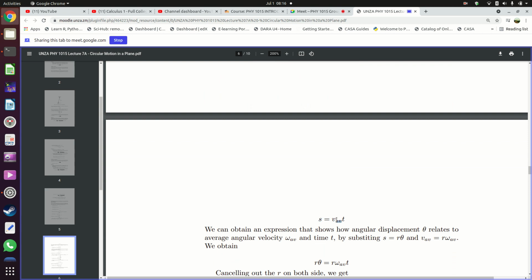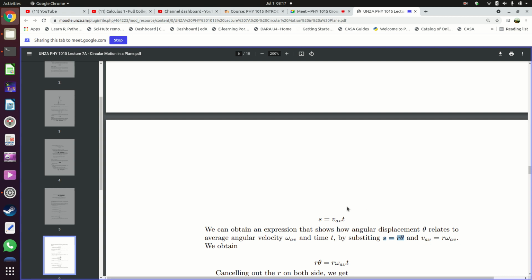So I have written this expression in terms of S. The displacement S is equal to the average velocity multiplied by t. Now, I'll make a substitution which is similar to what we have seen. We know that S, which is a linear displacement, is equal to r theta.